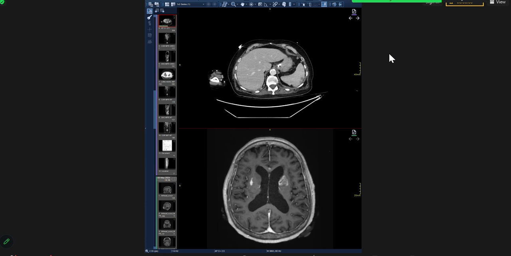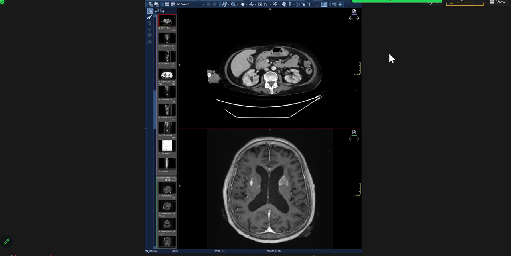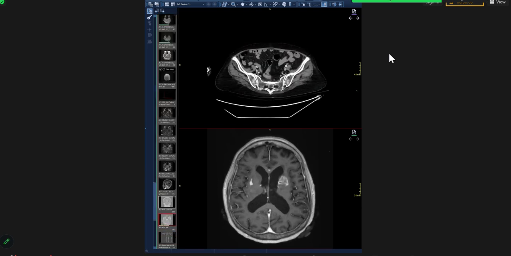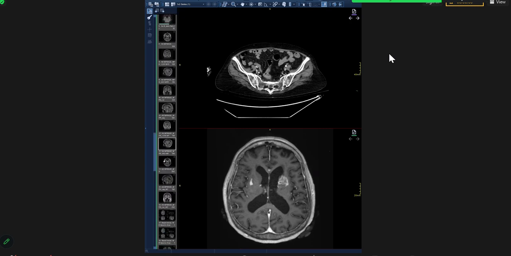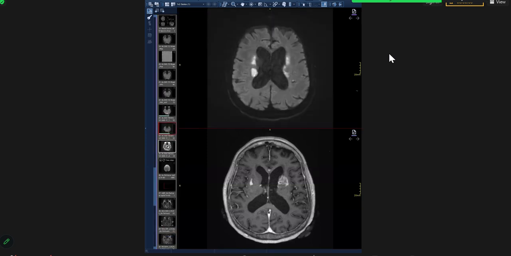So this was that case. This is how it evolved, and this is a subacute infarct. And then when I showed you the diffusion, I was trying to make you see something. I wanted you to comment on one thing, and that was that the infarcts are of different ages.